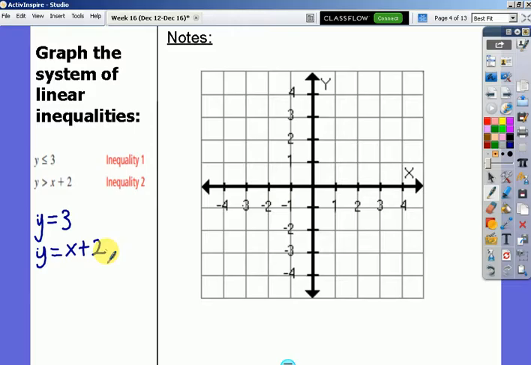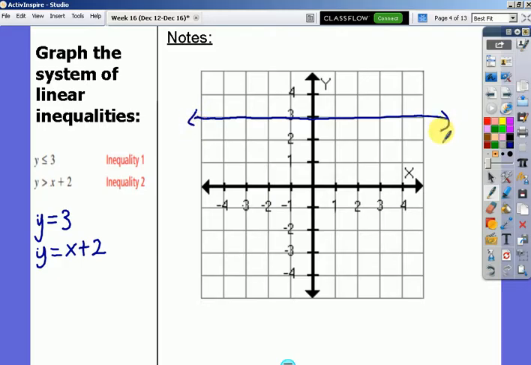So I'm going to decide, is that a solid horizontal line or is it a dotted horizontal line? Yes. It's solid. So I'm going to graph that like I would any other line. It's a solid line. And then shade based on the direction of my inequality. So we have our inequality.